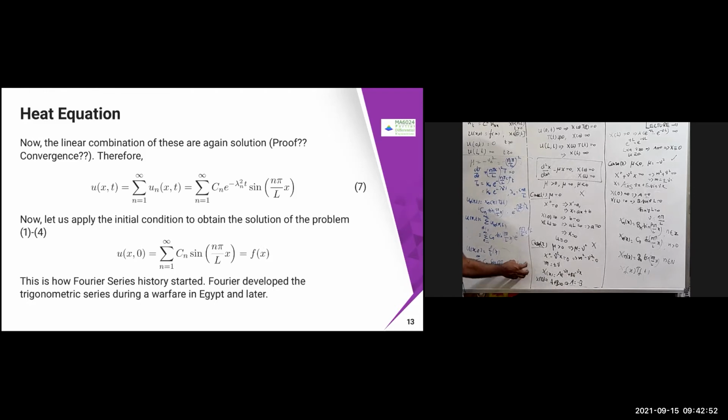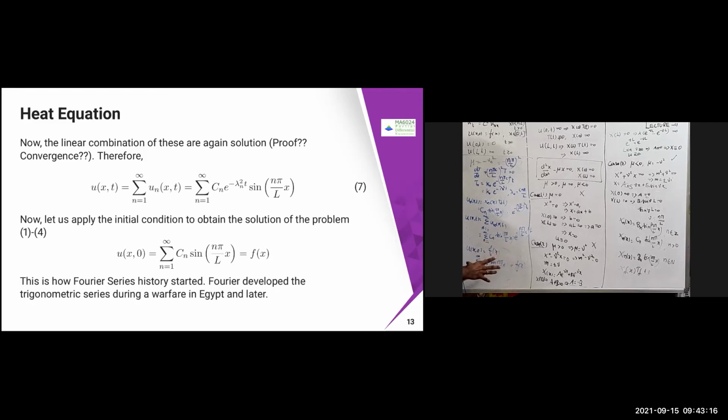This is a trigonometric series, which Fourier developed during the warfare in Egypt. So here there is a trigonometric series, and I'm just summing it up, and that is going to become some f of x. This is the history of Fourier series.